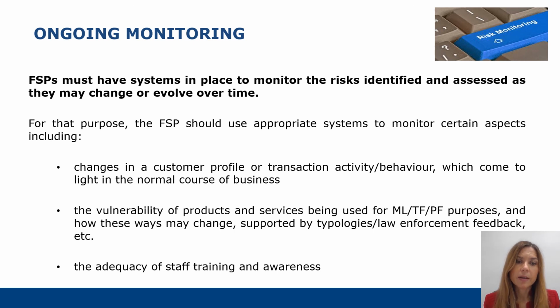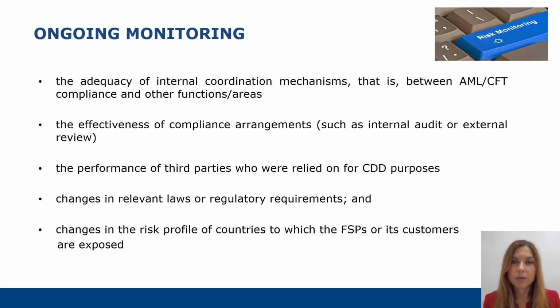And finally, the adequacy of your staff training and awareness is key. They must be aware of emerging risks, of regular risks, of red flags, and they must be able to act quickly.